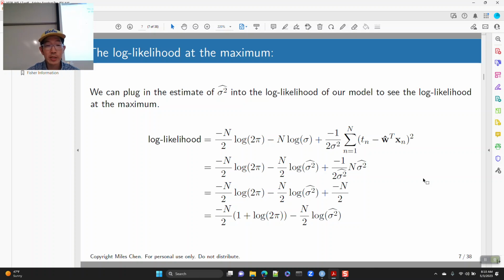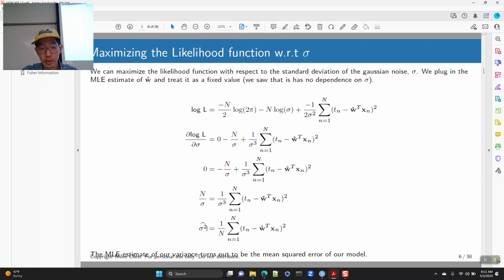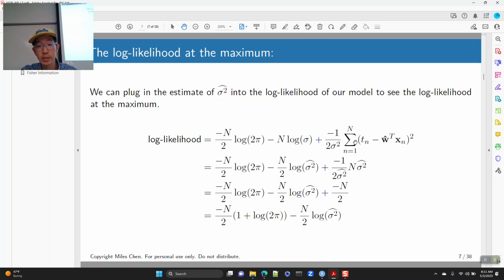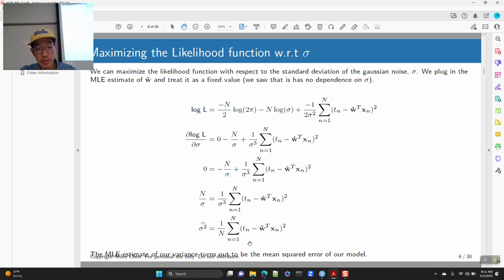If we plug this back in to our log likelihood, anytime I recognize this, I'm going to plug in sigma squared hat. So we're going to replace this with n times sigma hat. If I multiply both sides by n, I get n sigma squared is equal to this sum of squared errors.